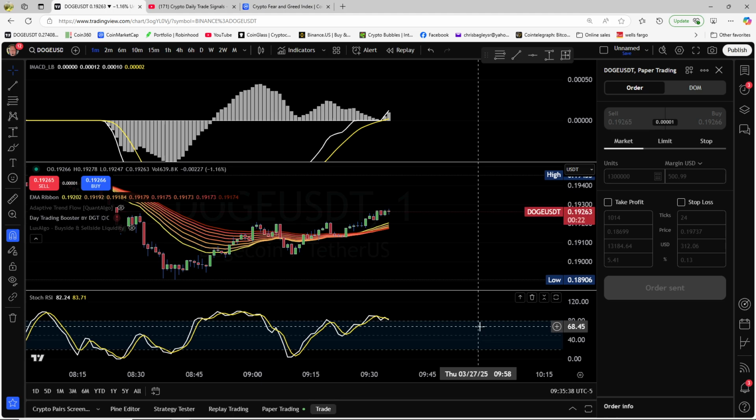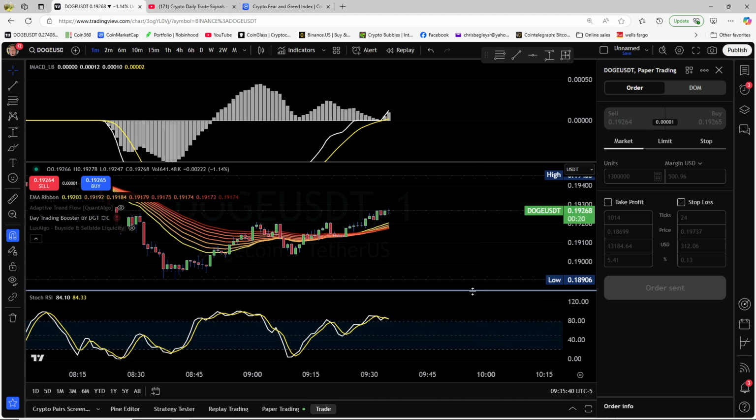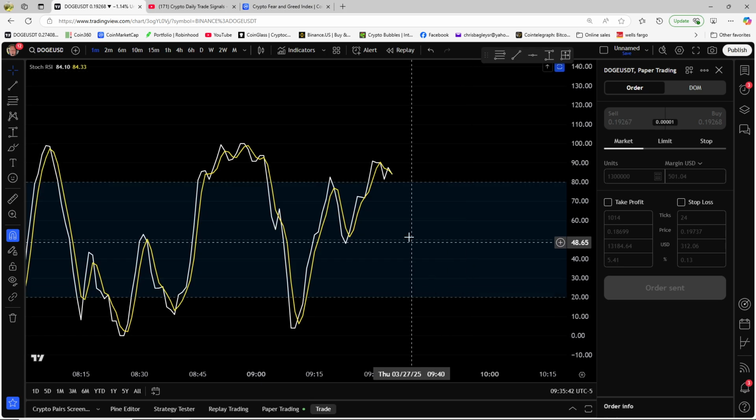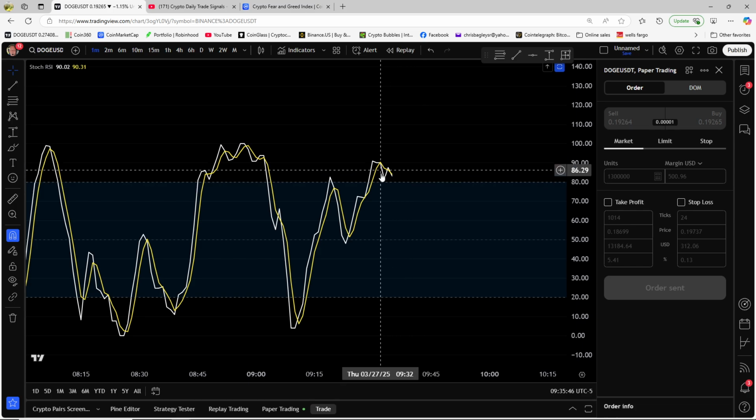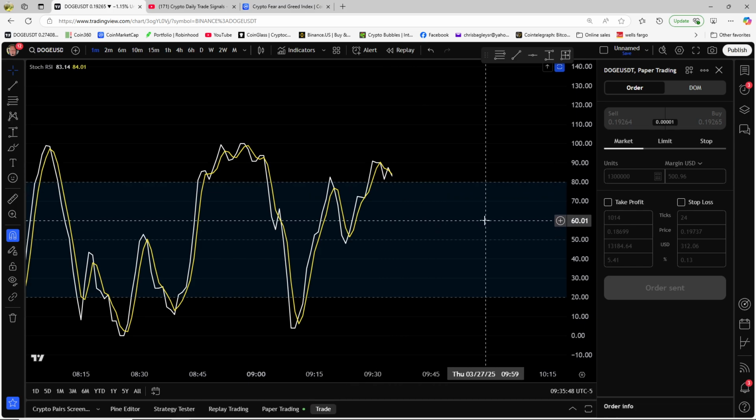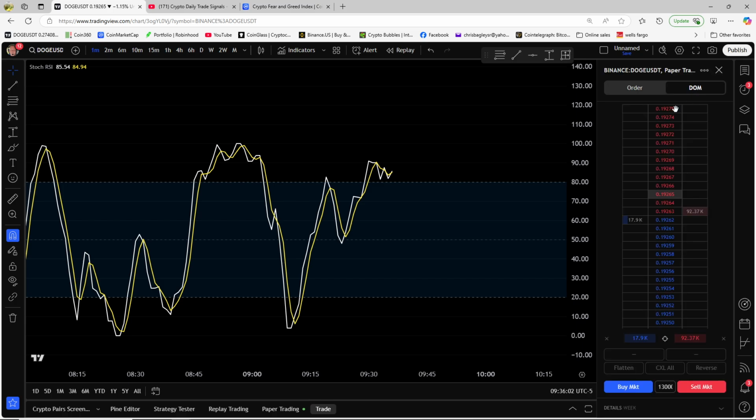You can see they're really fighting it out. You can watch those fluctuate up and down right here. You guys can probably barely see it, but you see it fluctuating up and down. That's people buying and selling.